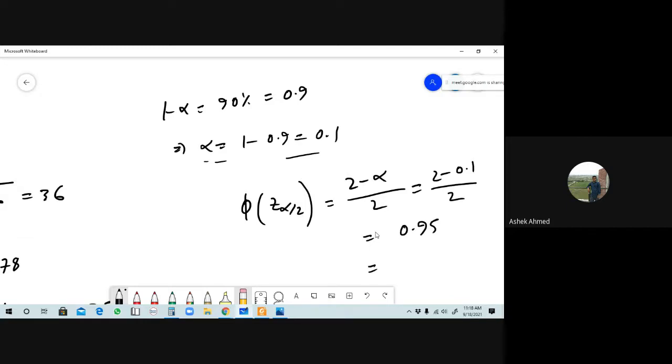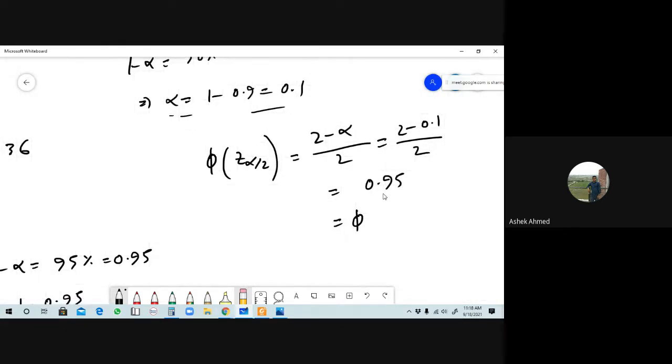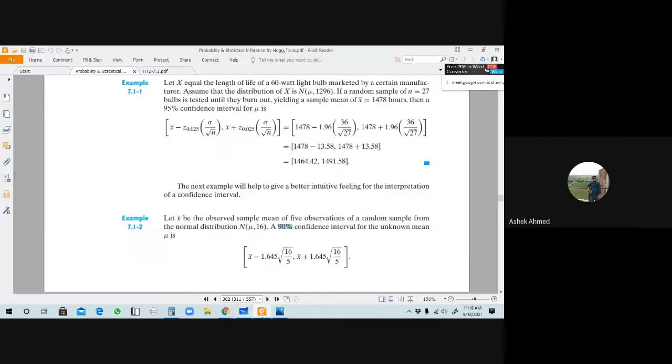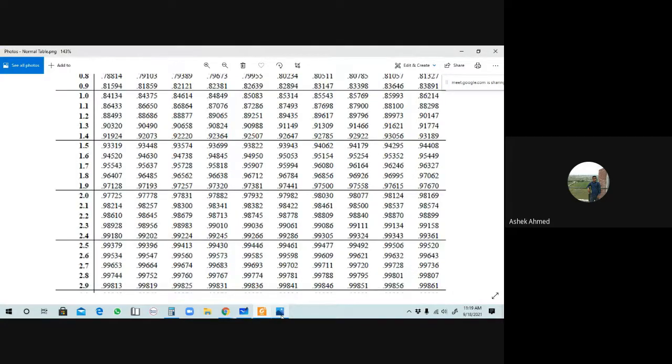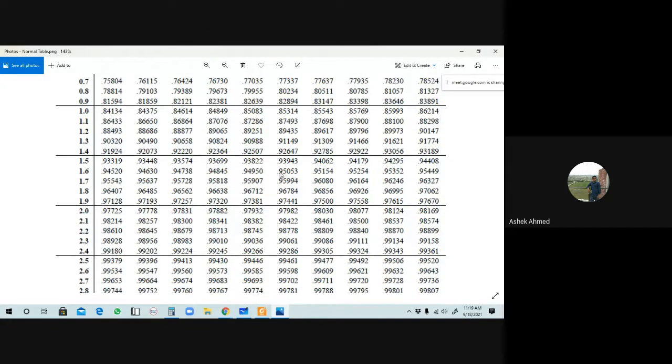Okay, so from that table we determine the corresponding value of z for the probability 0.95. This is 0.9495, I think, is it right? And this is the next value.